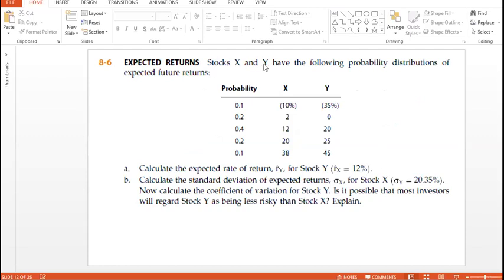Now we have two different stocks, stock X and stock Y, and these are the expected future returns of X and these are for Y. We will have to calculate the same three requirements, that is expected rate of return, standard deviation, and coefficient of variation of X and Y each. The procedure is similar as we have just completed for problem 8-1.